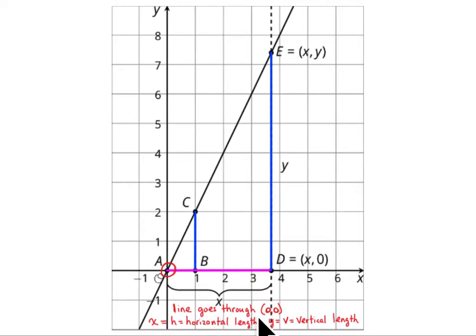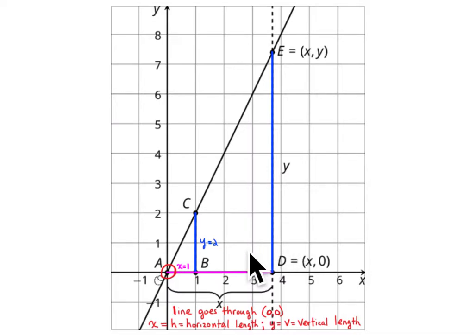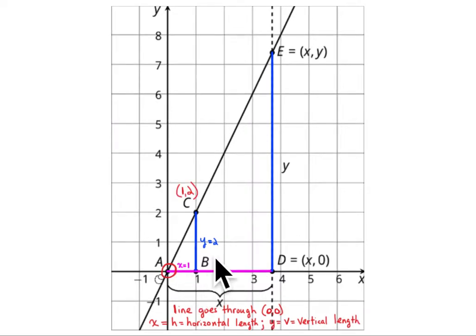So the line goes through 0, 0. So x equals h, the horizontal length. This value of x is the horizontal length, and y is the vertical length. So y is equal to 2 when x is equal to 1. So that ratio is 2 to 1.